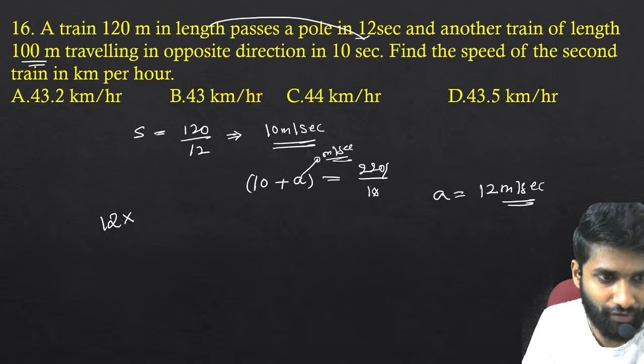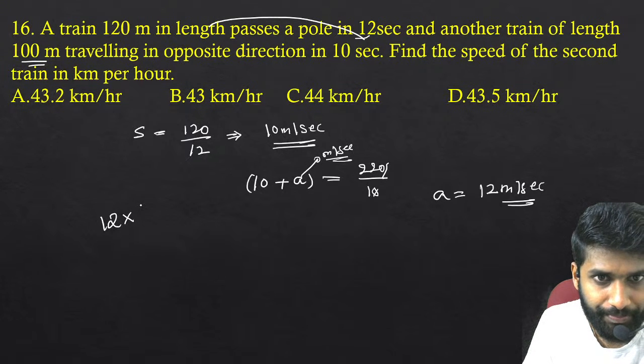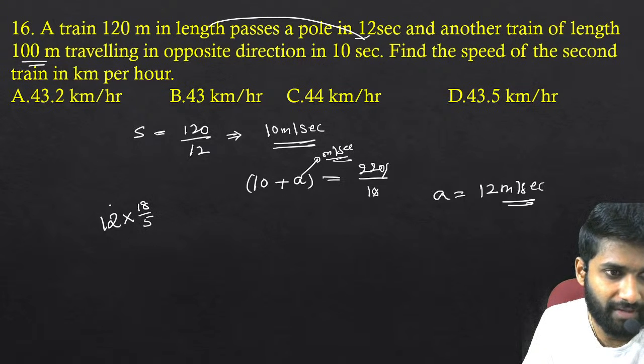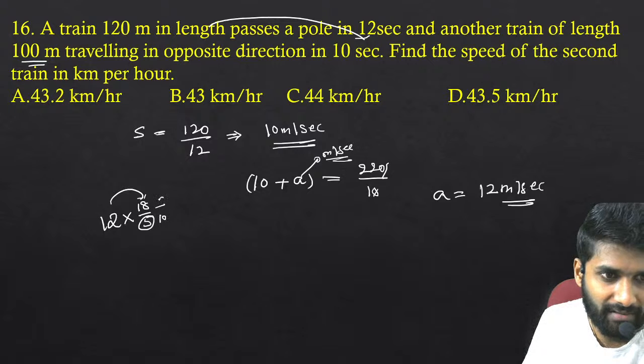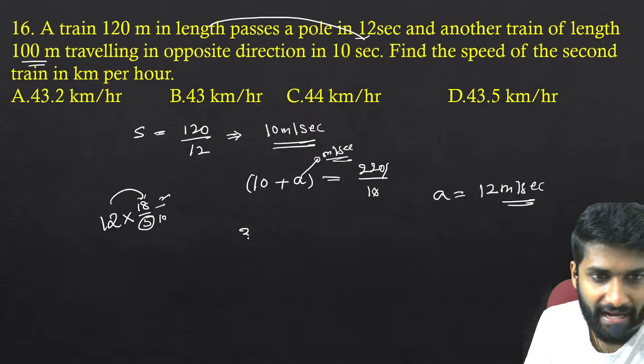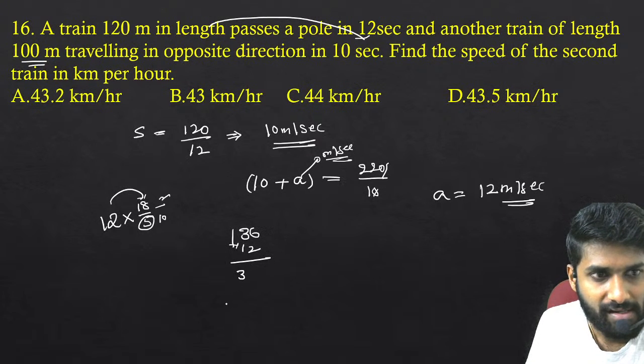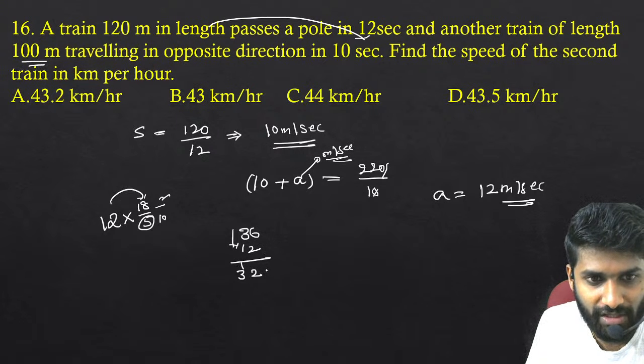Now see, 12 into 18 by 5. Now just multiply the two numbers. See, 5 you can write as 10 by 2. Now it is easy for you. Now you can calculate the entire information. See, 18 twos are 36, 36 into 12. 3 ones are 3, 3 twos are 6, 6 plus 6 is 12, and 6 twos are 12.